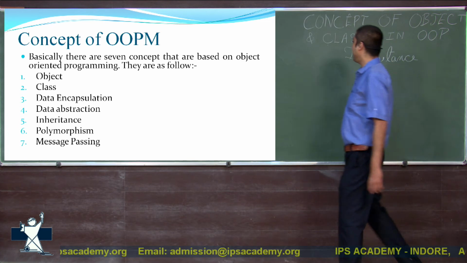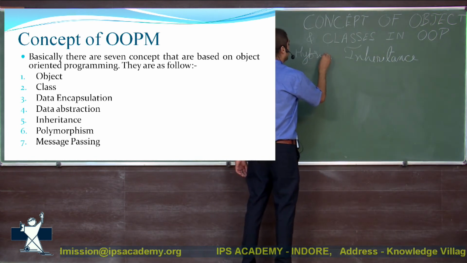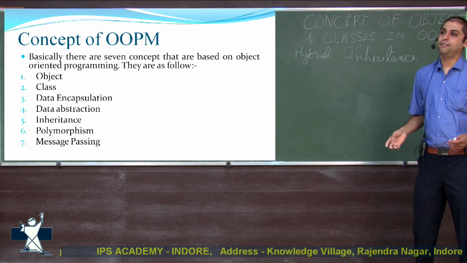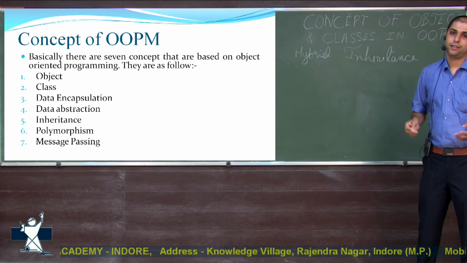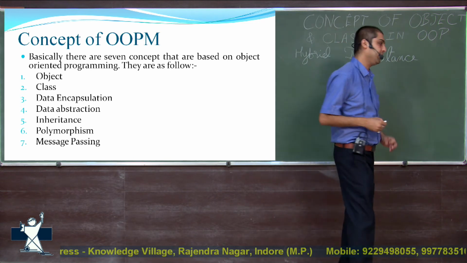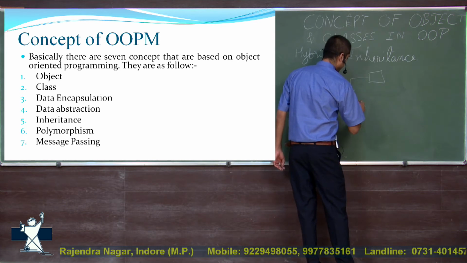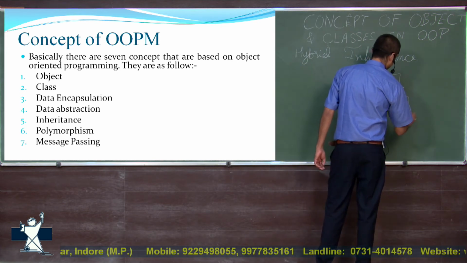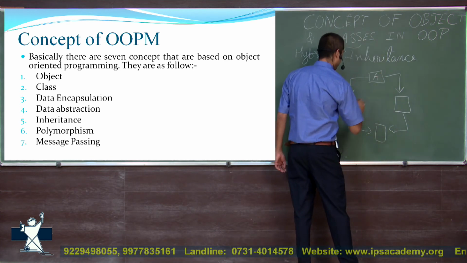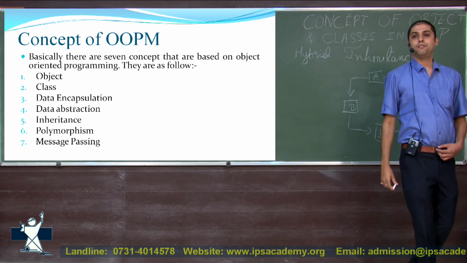Another example of inheritance is hybrid inheritance. So what is hybrid inheritance? We all know the meaning of hybrid, which is a mixture of one or more things. So the mixture of more than one inheritance type is known as hybrid inheritance. The basic example we take is this: A, B, C, and D. This is an example of hybrid inheritance.